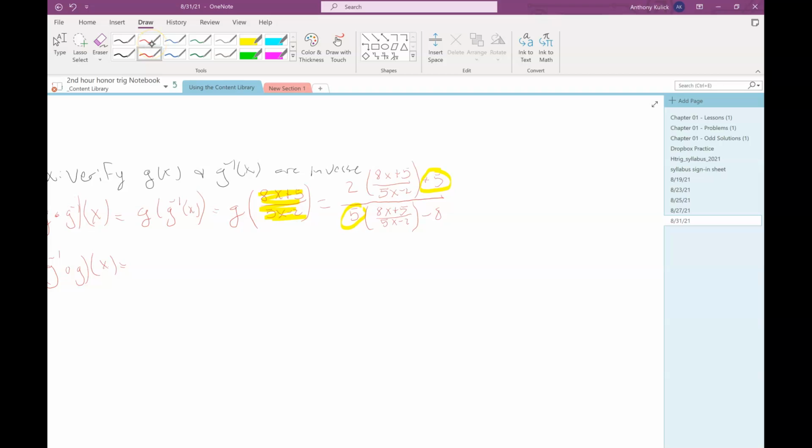So if I think about a simpler version of this problem, where I've just replaced that 8x plus 5 over 5x minus 2 with the number 3, if I had something like this, can I do that? Definitely not, right? That's outside of the order of operations. We'd have to do everything in the numerator before we can do the division, right? So that's what you're kind of suggesting to do.